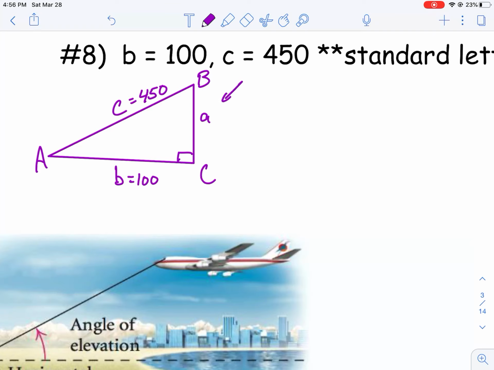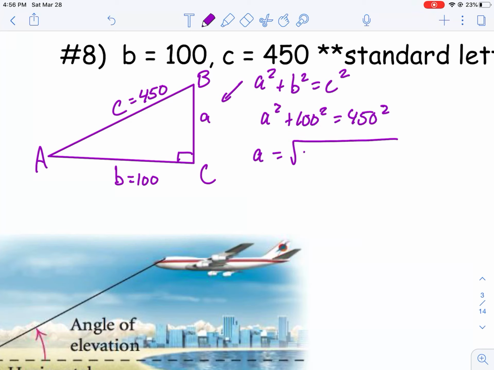I'm going to start with finding A. I like the Pythagorean Theorem. I see that the Pythagorean Theorem works pretty good here. So A squared plus 100 squared equals 450 squared. I'm then going to solve. I'm going to do both steps at once.